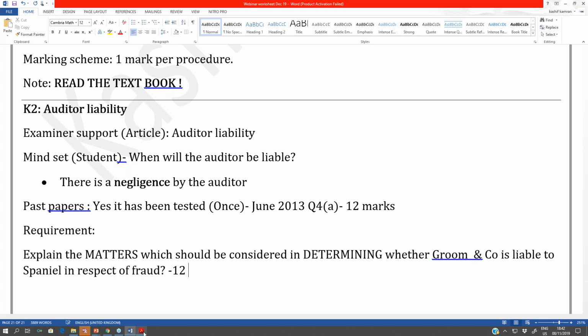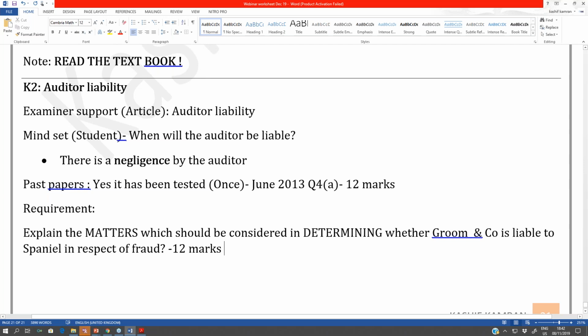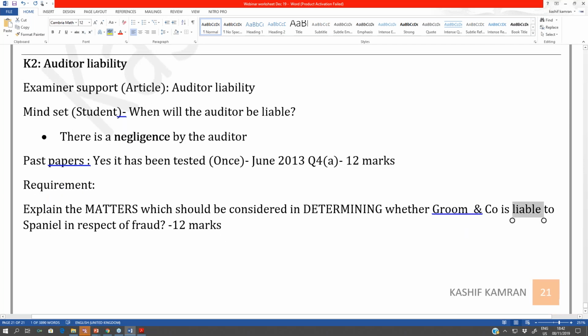And the marks are 12, and I've been guiding you in my previous days as well, particularly yesterday, that whenever you get a knowledge question like liability is a knowledge area, right? So each matter will be worth 2 marks. Each matter explained is equal to 2 marks.